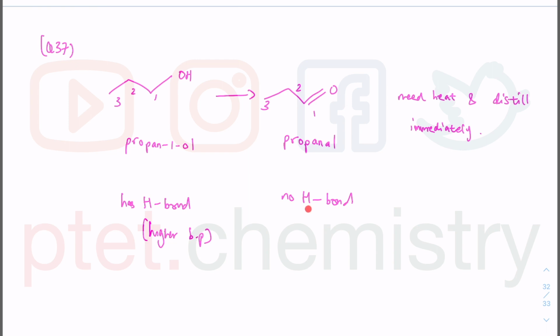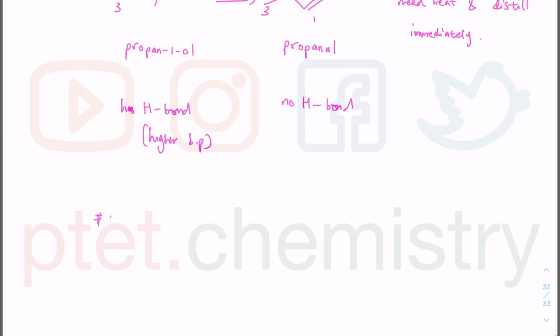The one with the lower boiling point will boil first if you distill immediately, which is why you can isolate and collect the aldehyde product. Since you're doing oxidation, they have given you a couple of oxidizing agents. If you look at option 2, potassium dichromate(VI) is acidified. Without the acid, the redox will not work, as you have seen from the equation in the data booklet.